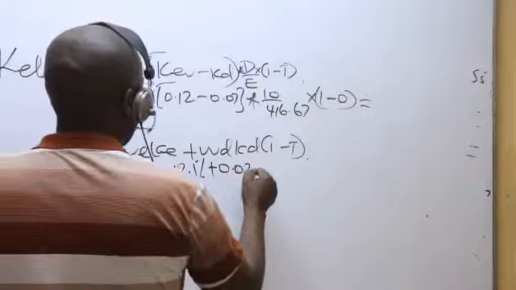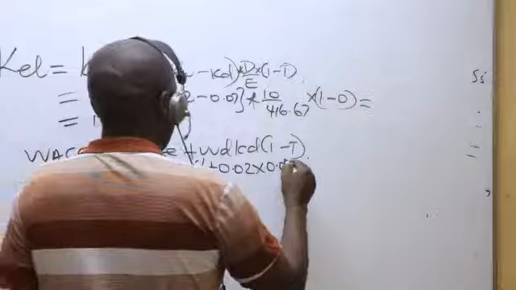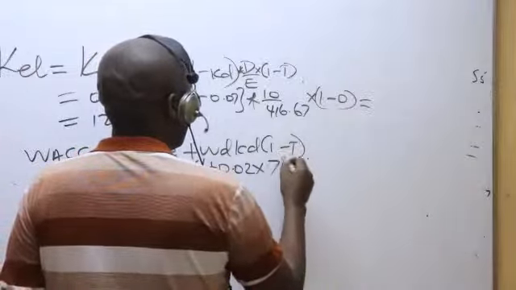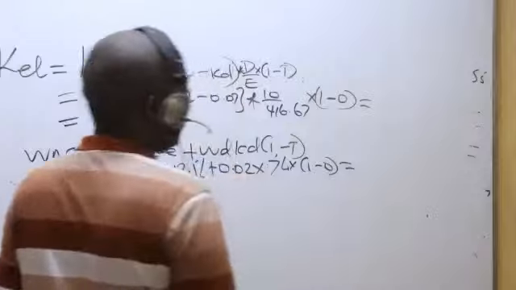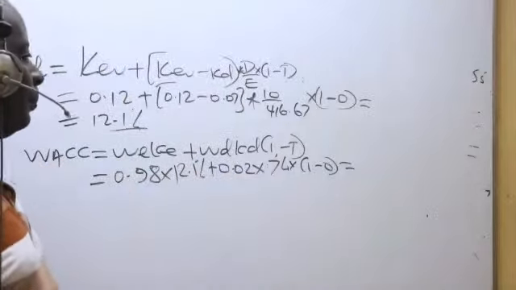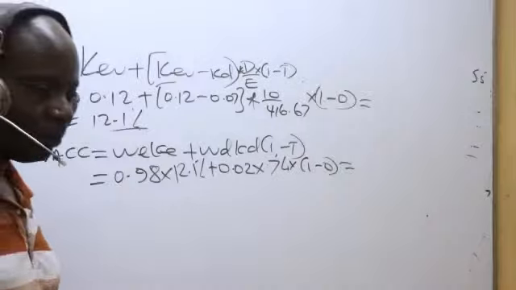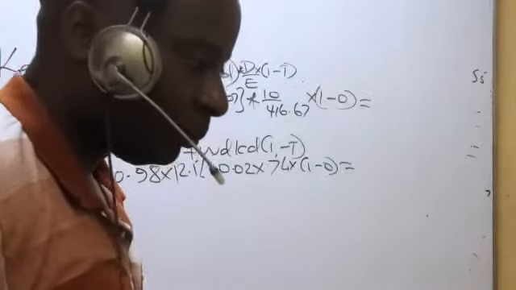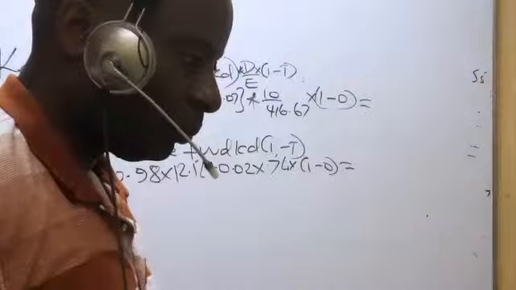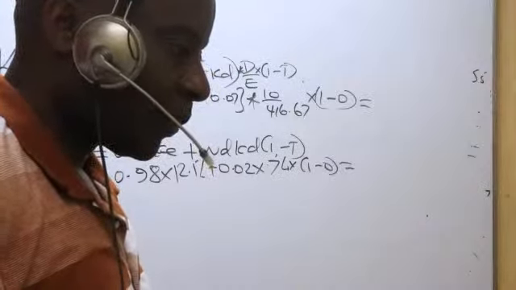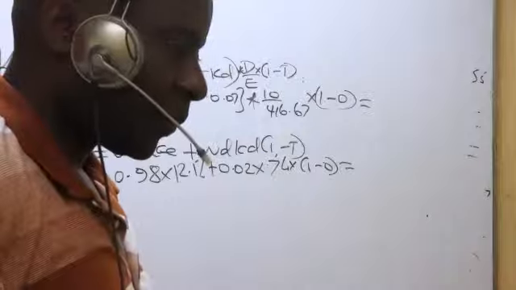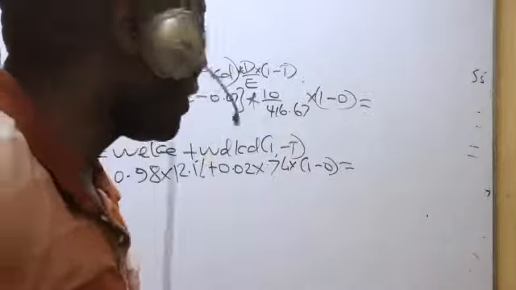Weight of debt is 0.02 times cost of debt 0.07, that's 7%, times 1 minus 0, which will end up giving me what figure? 12.02.